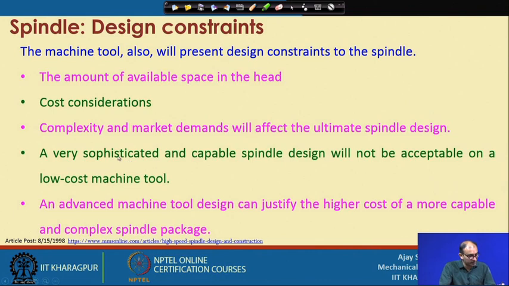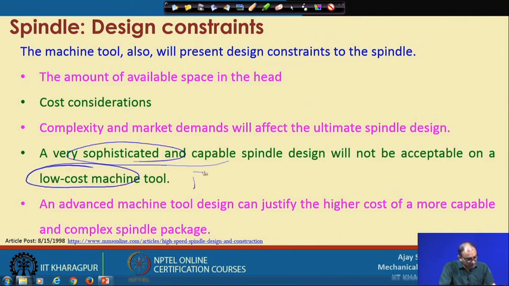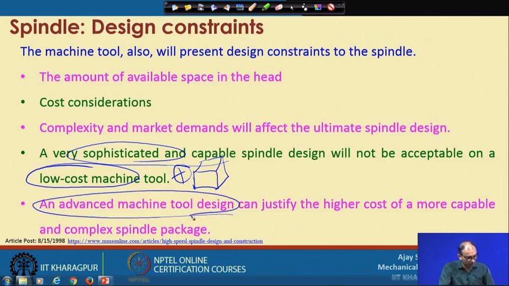But if you put a sophisticated spindle in a low cost machine tool, cut one component, and finally find that the dimensions are not as per the required drawing, then there is no way of doing satisfactory work. That means you have to find an advanced machine tool also, and only then can you find the suitable spindle design for it.